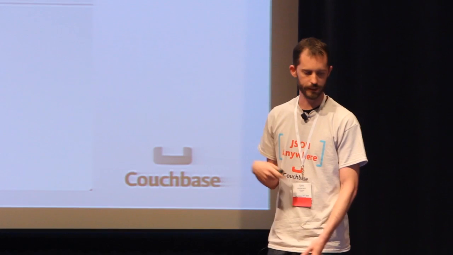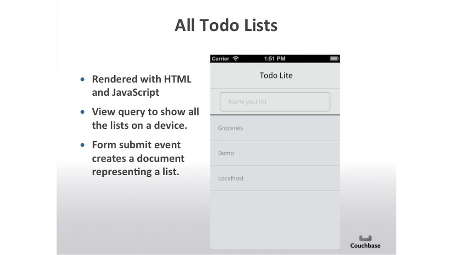So I'll show these couple of screenshots first before I switch over to the demo, just so we're not flipping back and forth a lot. When you first open the app, you're presented with a screen with all your to-do lists on it. So here I've got a grocery list and a couple of demo lists. And again, it's all rendered with HTML and JavaScript and PhoneGap.